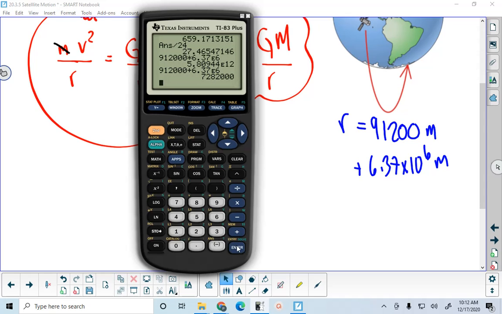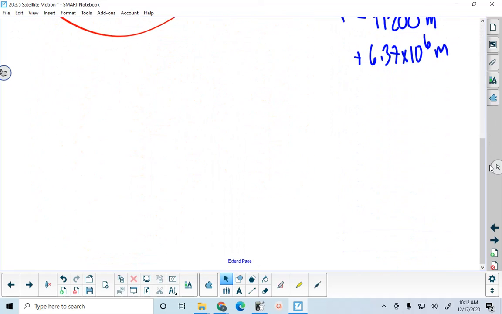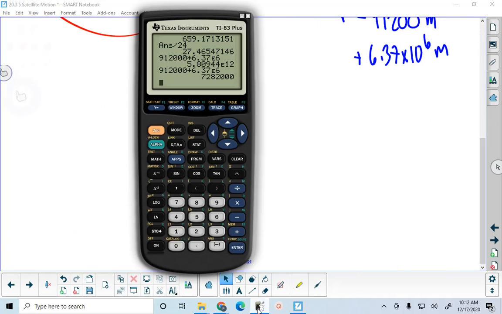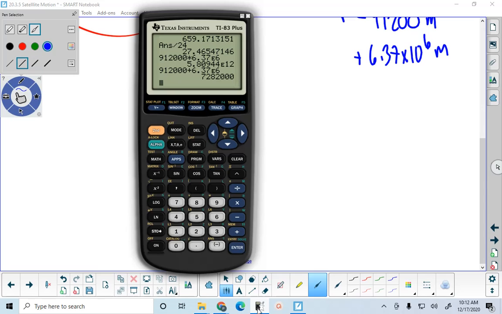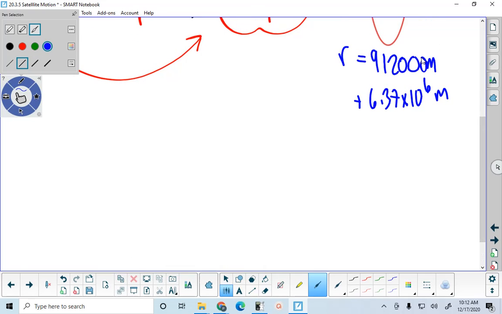We get this distance. I added an extra zero. I did add an extra 0 in my calculator, and that's what I should have written on paper, Andrea. Sorry about that. It's 912,000 meters.